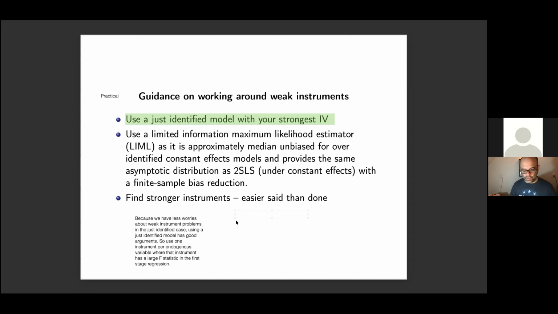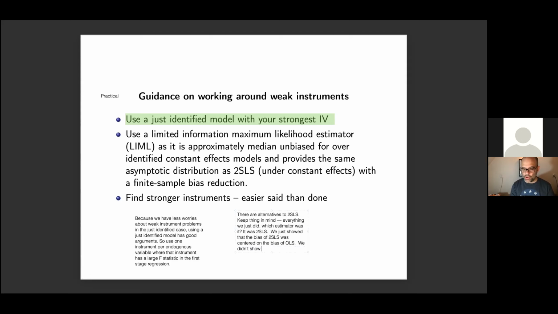There are alternatives, though. There are alternatives to two-stage least squares. Keep this in mind. Everything we just did, which estimator was it? It was two-stage least squares. We just showed that the bias of two-stage least squares was centered on the bias of OLS.